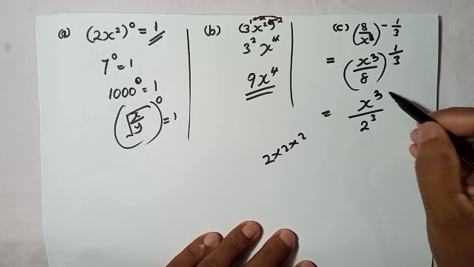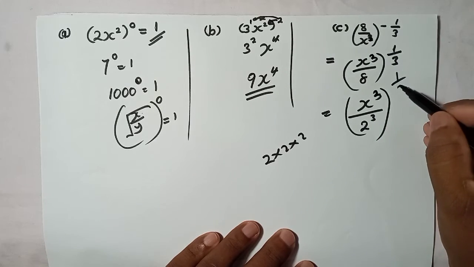So I can write 8 like this. Then again here will be 1 over 3.